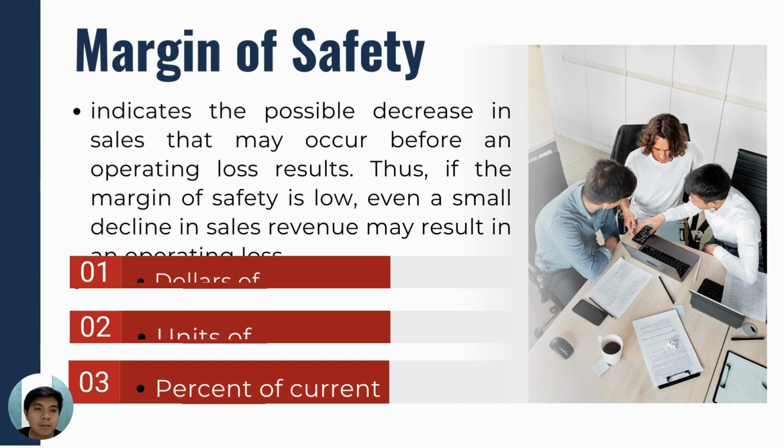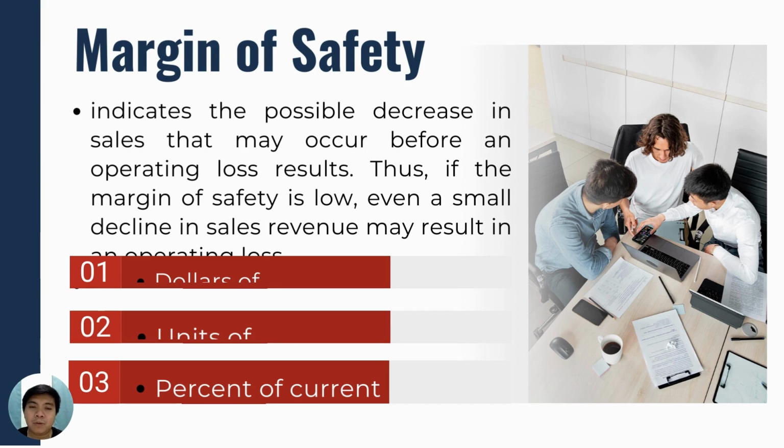It indicates the possible decrease in sales that may occur before an operating loss results. Thus, if the margin of safety is low, even a small decline in sales revenue may result in an operating loss.